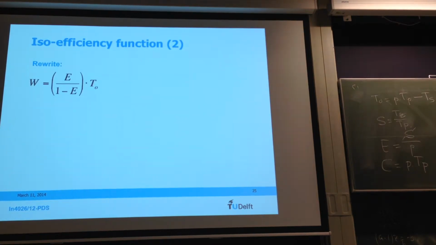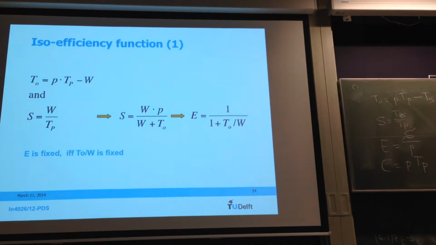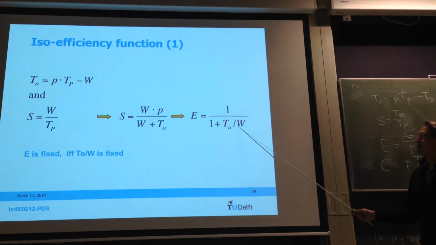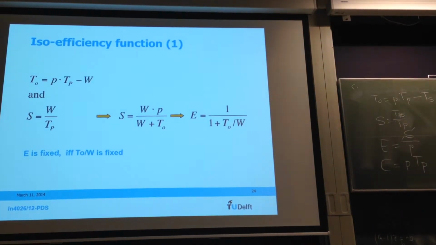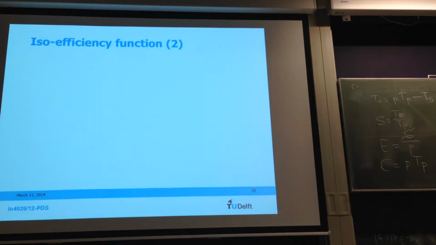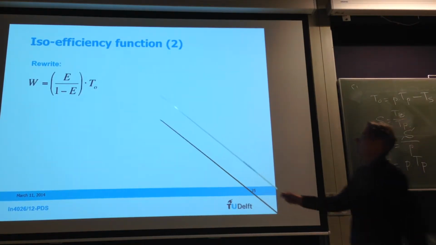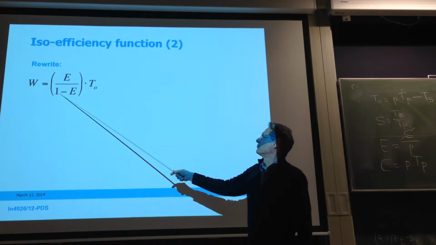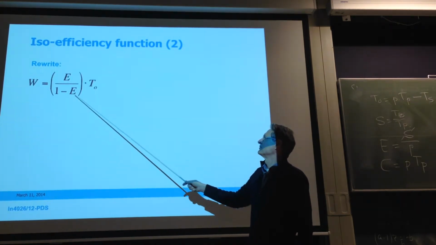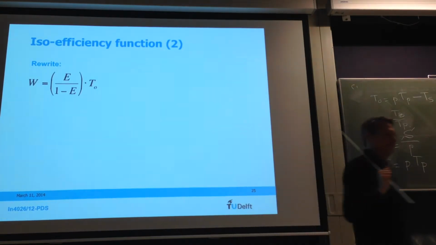If we rewrite the previous expression by solving W out of it, we get this expression: W is equal to the efficiency divided by 1 minus the efficiency, times the overhead.